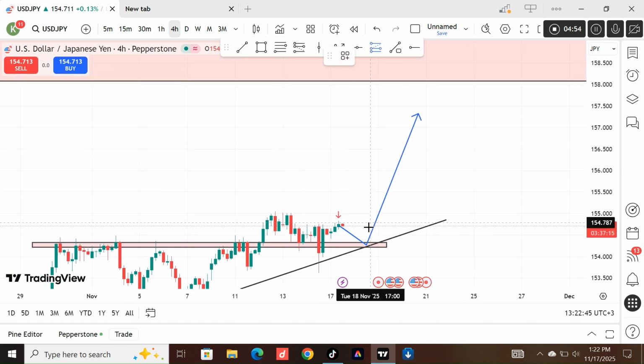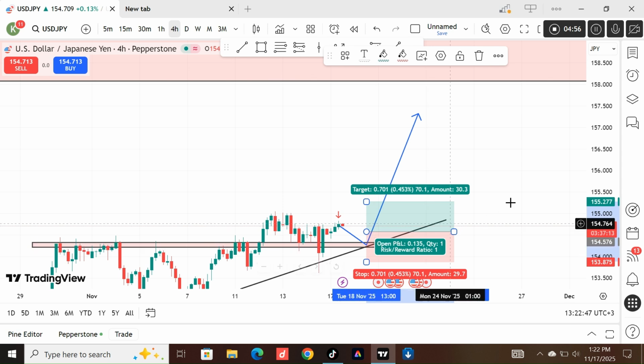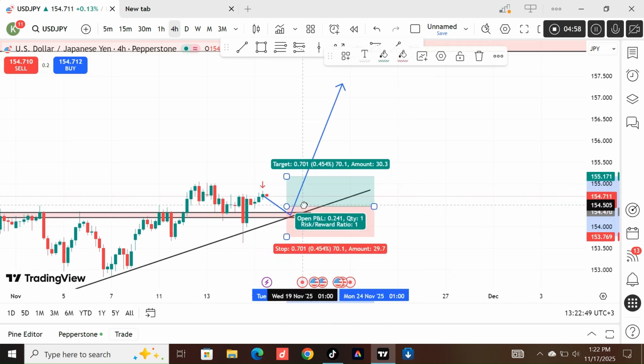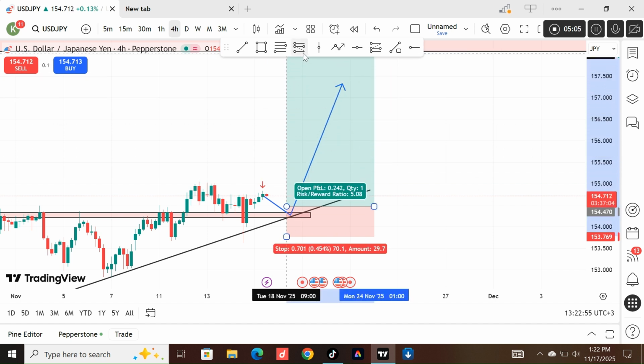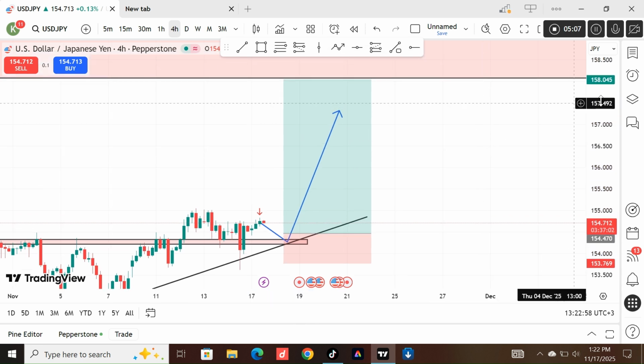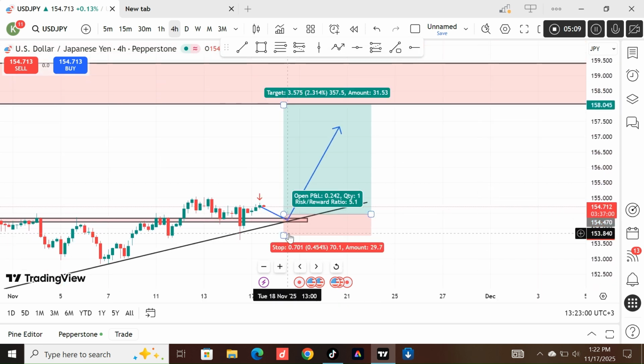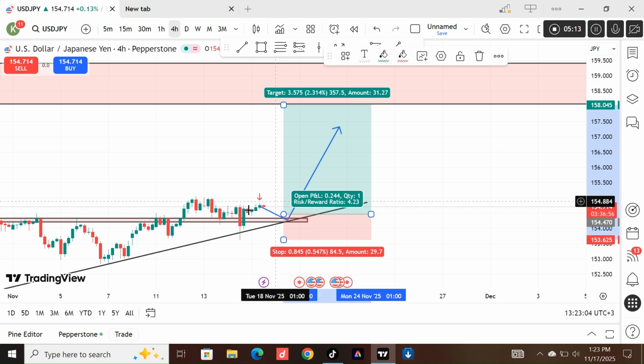So if we buy this market, let's say from around this area, and then our TP should be our weekly level, and then our stop loss should be just below this previous higher low that the market formed.